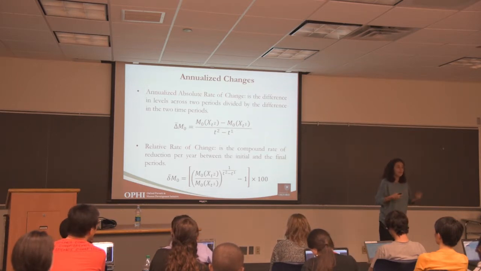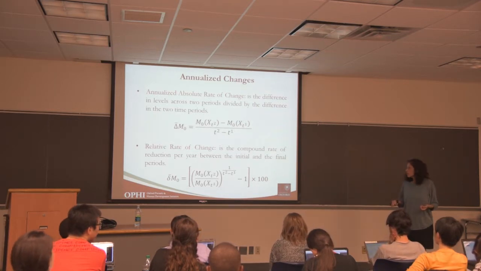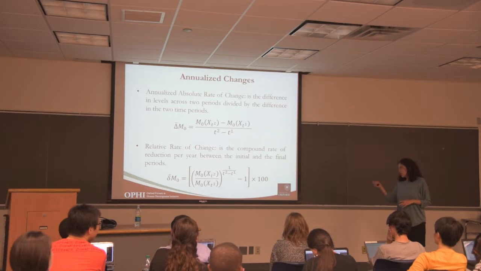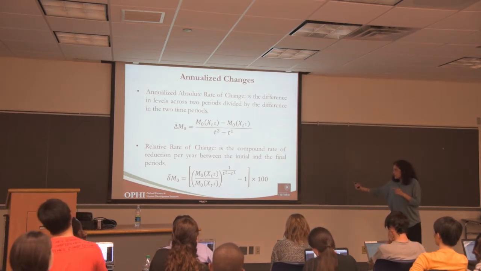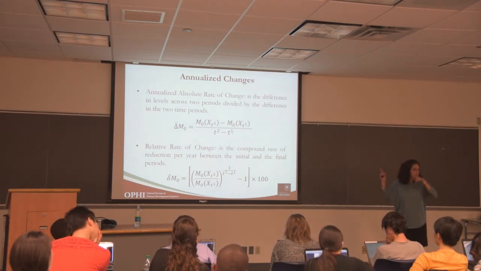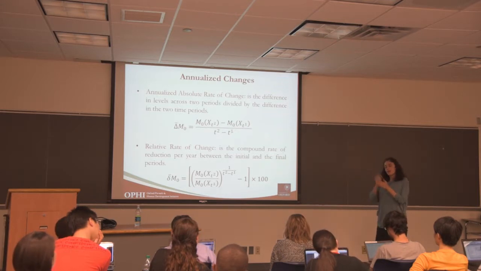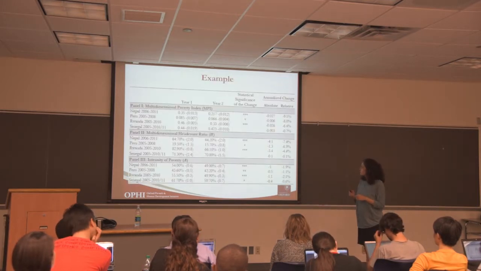In the case of Gabon, you divide by 12. In the case of Tanzania, you divide by 2. For the relative rate of change, you have a compound rate of reduction between the initial and final periods.